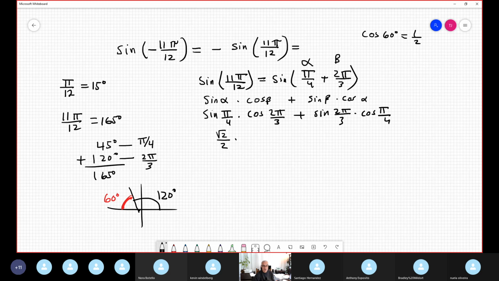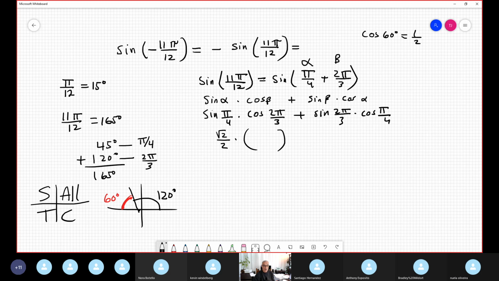What sign do you believe this cosine has? Positive or negative? It's going to be positive. No, because cosine is negative in the second quadrant. Remember the mnemonic: All Students Take Calculus. Do you remember that or no? Yes, it's like sine and cosecant are positive in the second quadrant, right, Professor?